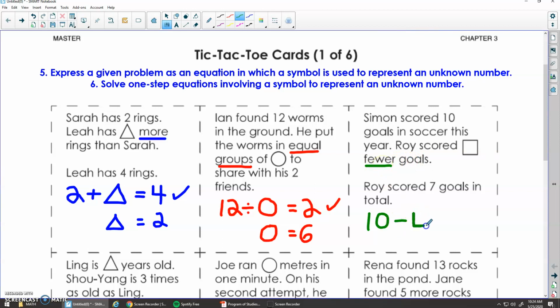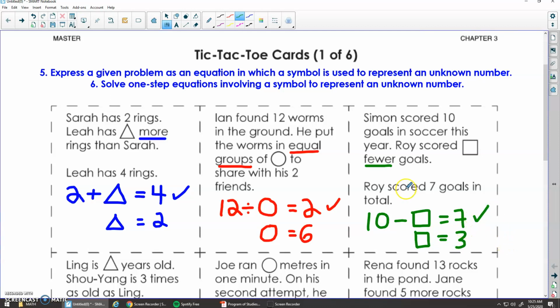We put our little square. And Roy scored 7 goals in total, so we can say equals 7. If I was to continue with this equation, I would ask you how many fewer goals did Roy score? And your answer then would be 3. But all I need is this part.